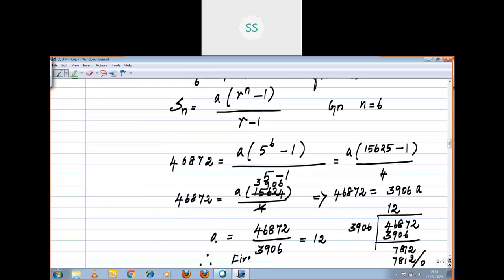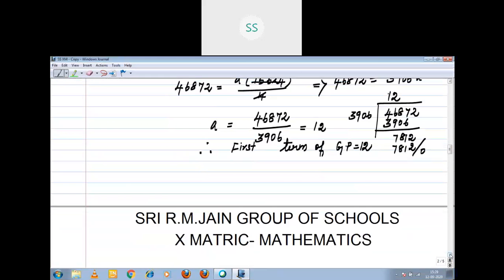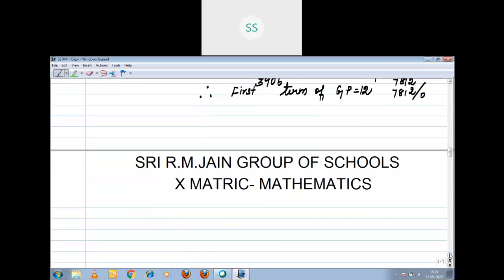Right? 7 8 1 2. That should be 2, 2 times. 2 2s are 6, 2 2s are 12, remaining 1. 9 2s are 18, remaining 1, 7. So your remainder is 0. Therefore, the first term of the GP is 12. Say yes or no? Yes.